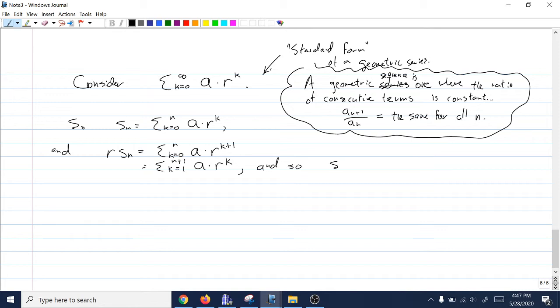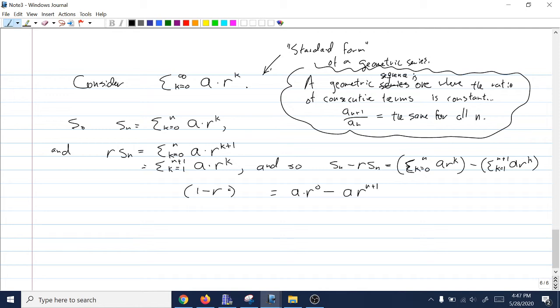And so S_n minus r S_n is going to be this minus this: the sum from k equals 0 to n, a times r to the k, minus the sum from k equals 1 to n plus 1, a times r to the k, equals, everything cancels except for the 0th term here, a times r to the 0, minus everything cancels except the last term here, a times r to the n plus 1.